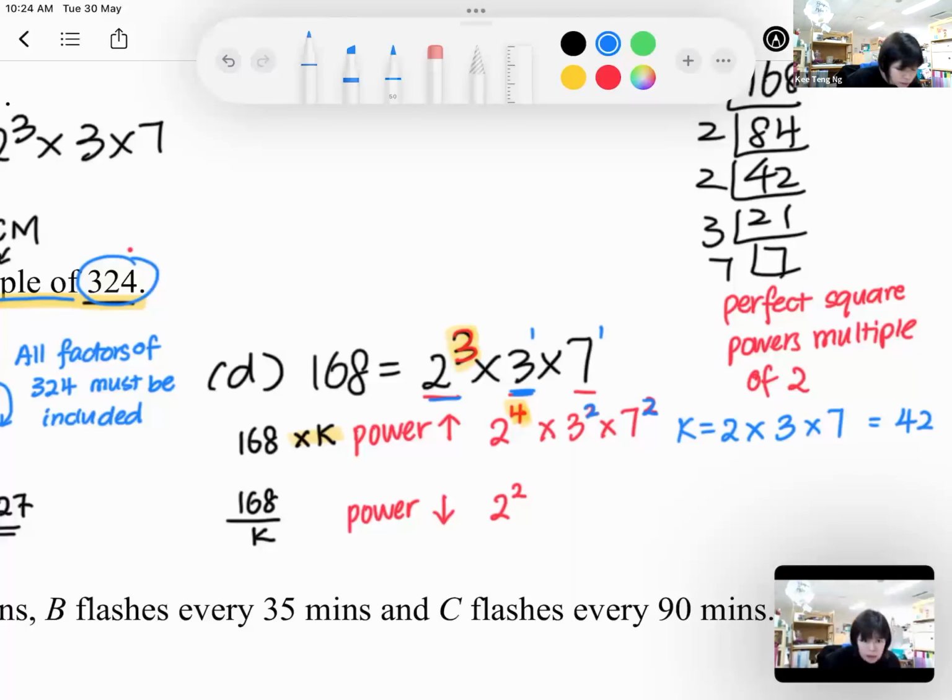In this case, for part B, if I were to have division, similarly, 2 to the power of 3, I want to change it to 2 to the power of 2, so I divide by 2.